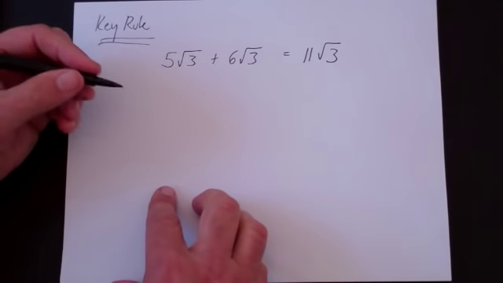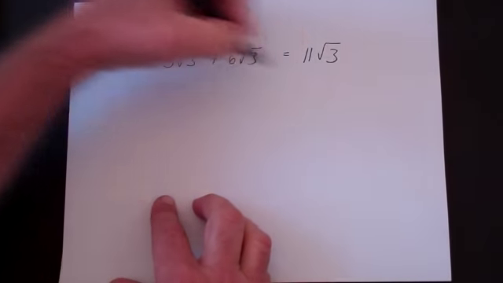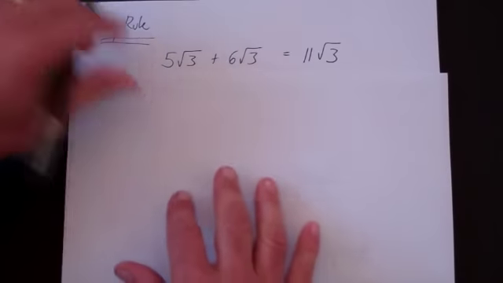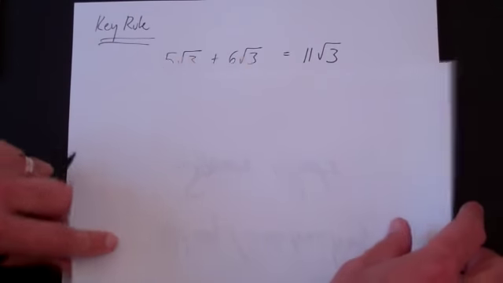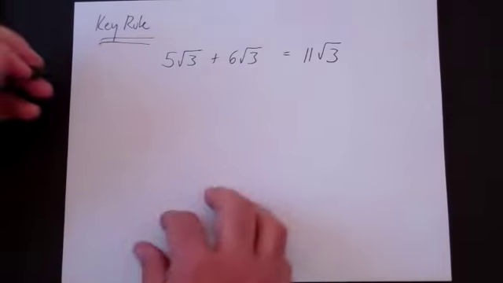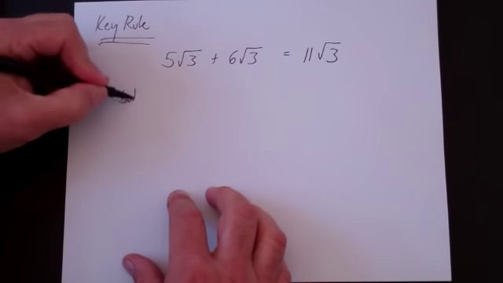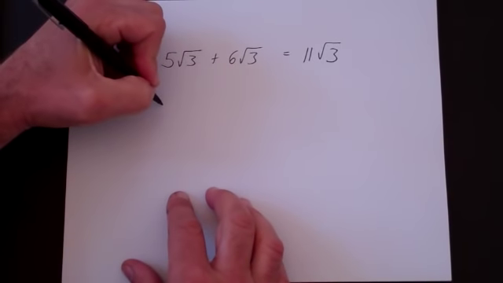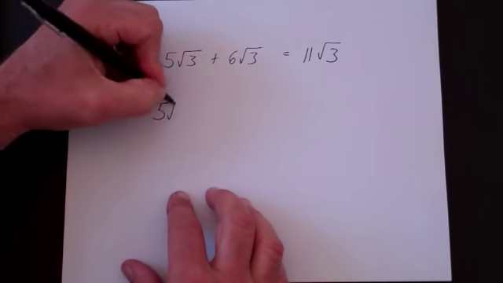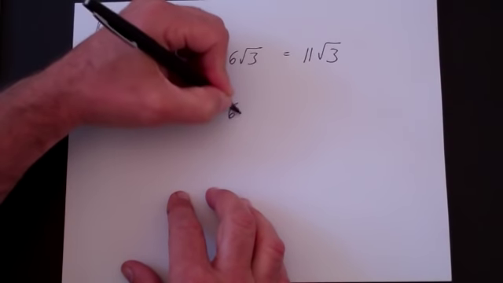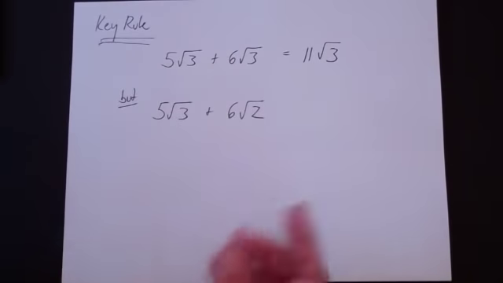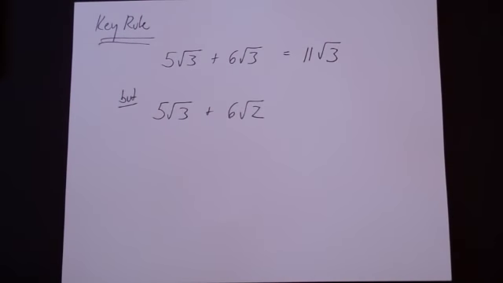Notice that's very similar to simply 5x plus 5x plus 6x is 11x. But the other key rule is if we had something like 5 square root of 3 plus 6 square root of 2, you can't add it. That's all you can do.